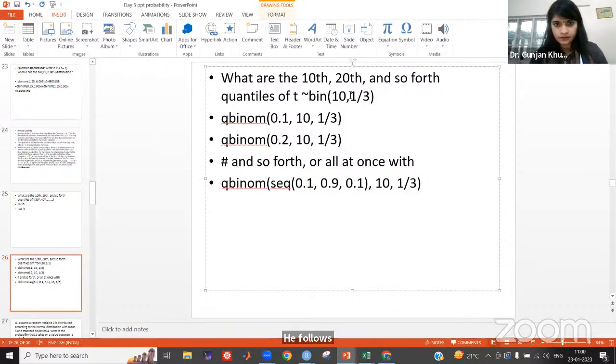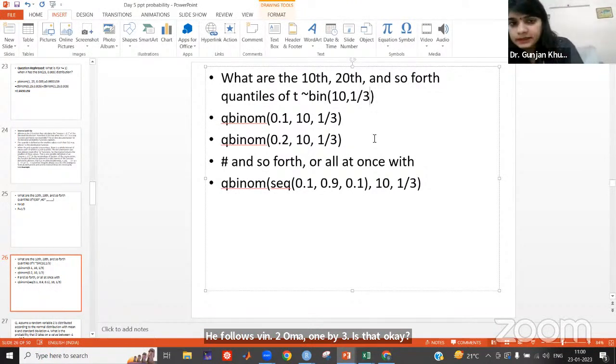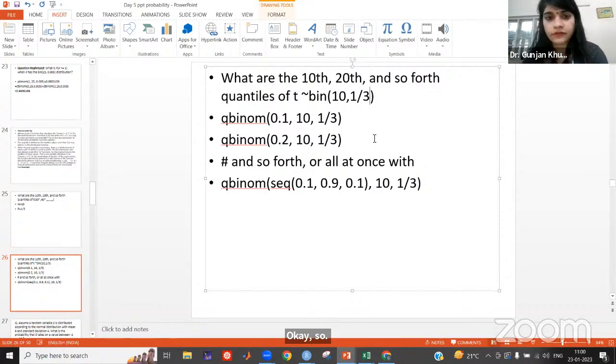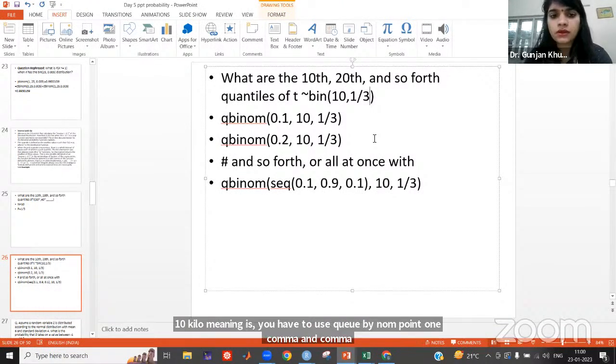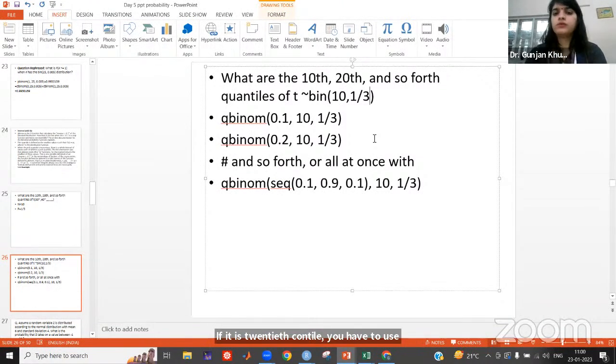Is that okay? So for the 10th quantile, you have to use Q binom 0.1, comma n, comma p. If it is the 20th quantile, you have to use Q binom 0.2, comma 10, comma 1 by 3.